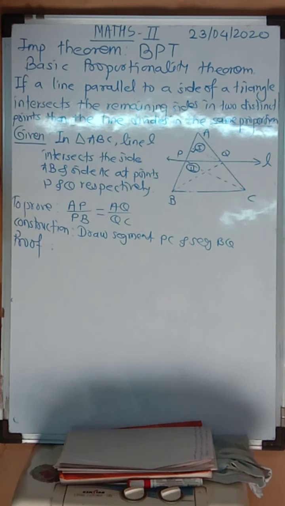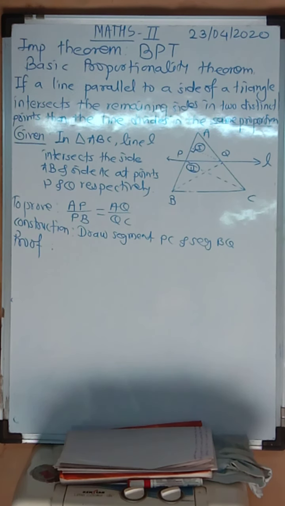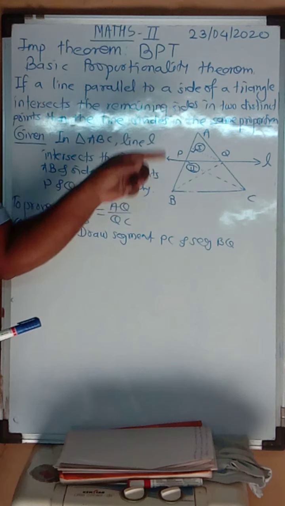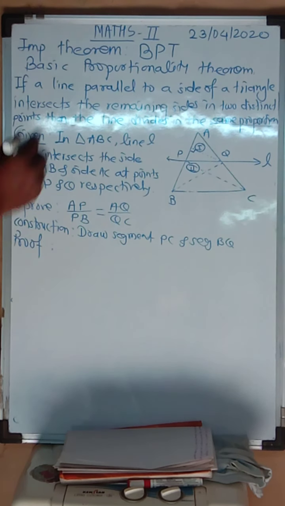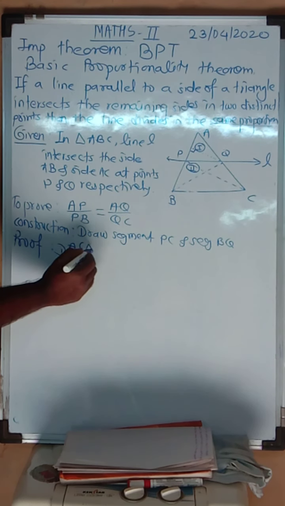That means these are two triangles which have the same heights, and if triangles with the same heights, their areas are in proportion to their bases. In short, areas are proportionate to bases, for two triangles with equal heights. That means we can write like this. First of all, area of triangle, which one?